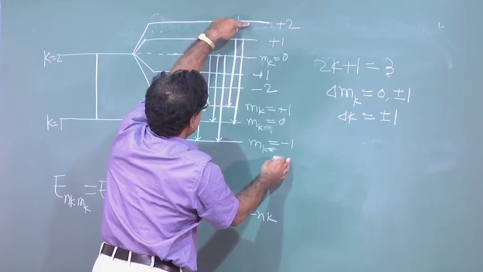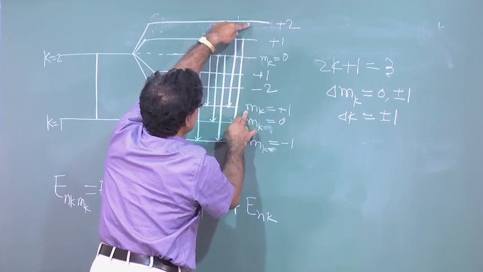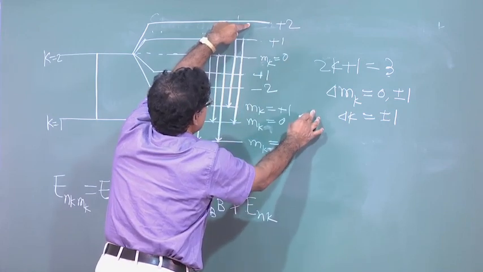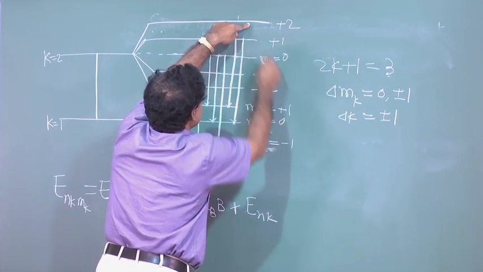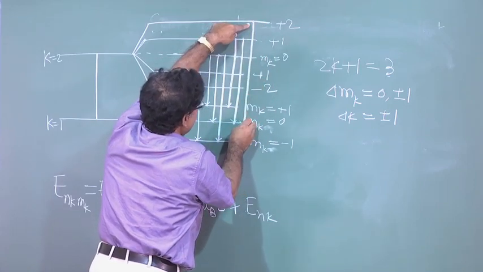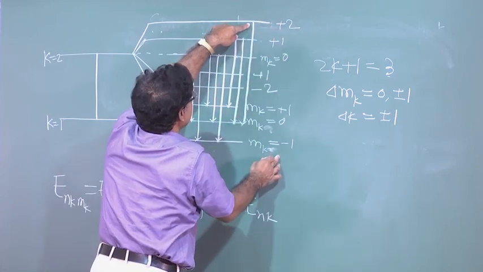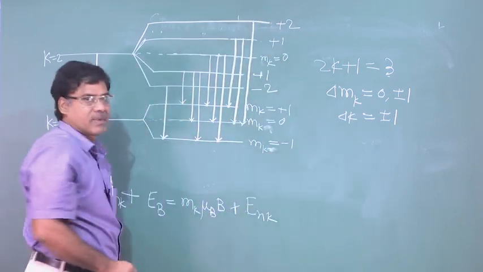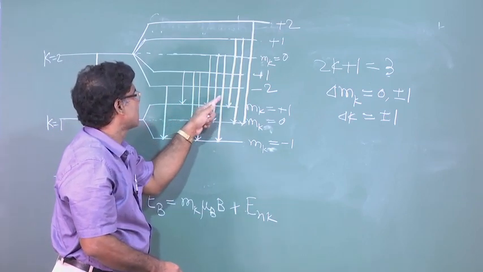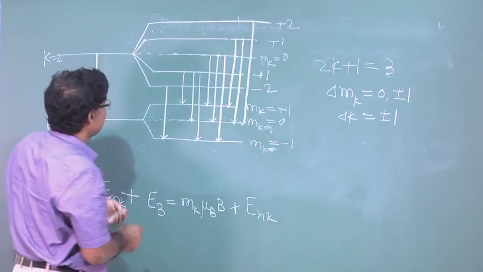And 2 to plus 1 means plus 1 minus of plus 2 means minus 2, so it's minus 1, so this will be an allowed transition. And then this to this is not allowed, this to this is not allowed. So, how many lines am I getting? I am getting 1, 2, 3, 4, 5, 6, 7, 8, 9, 10. So, something is a mistake, it should be 9.